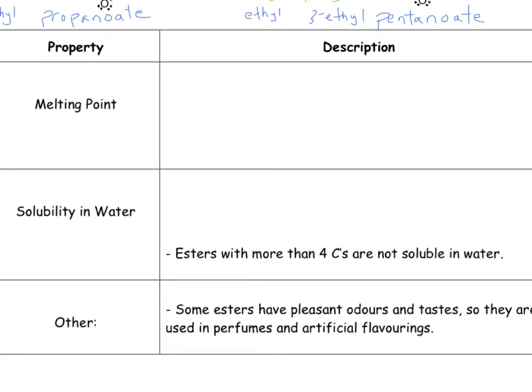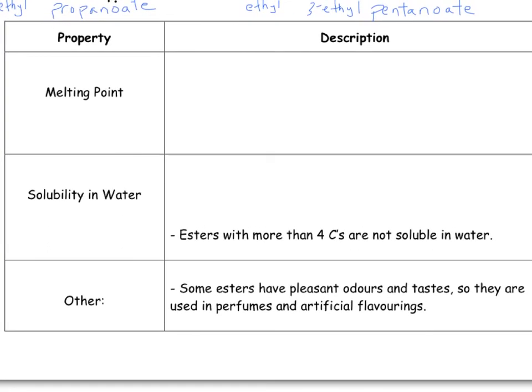Properties of esters. The ester functional group creates 2 dipole-dipoles, which can be used to increase the melting point. Both of these occur on the oxygens.